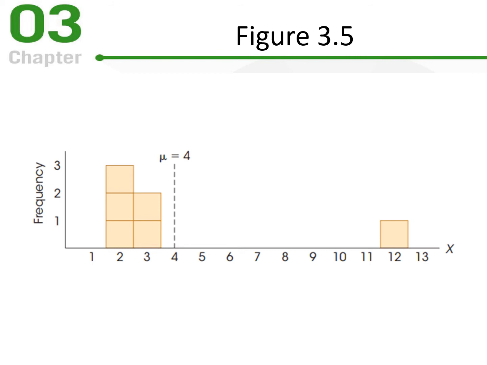So the mean would be closer to 2 here, right? If not for this outlier, it would be 2 plus 4 plus 6, which is 12. 12 divided by 5 would be 2.4. So if you got rid of this 12, the mean would be 2.4. Once you add the outlier, the mean goes from 2.4 all the way to 4. It's distorting the mean.